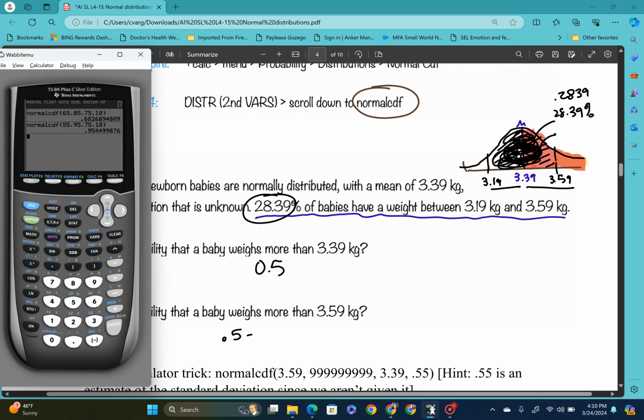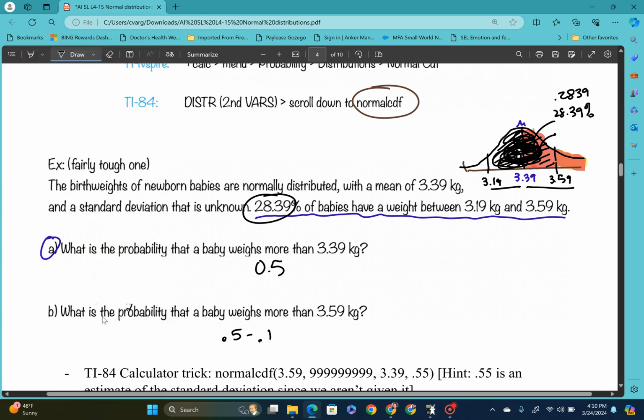Let's see what that is. If I take my calculator, 0.2839 divided by 2, I get 0.14195. So 0.5 minus 0.14195 will give me the probability that a baby weighs more than 3.59.